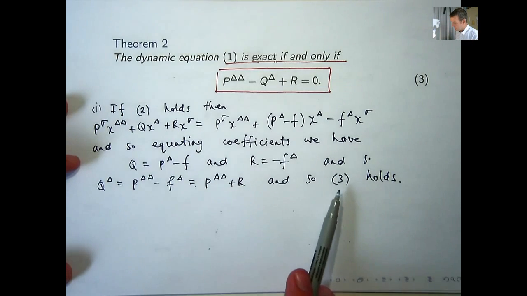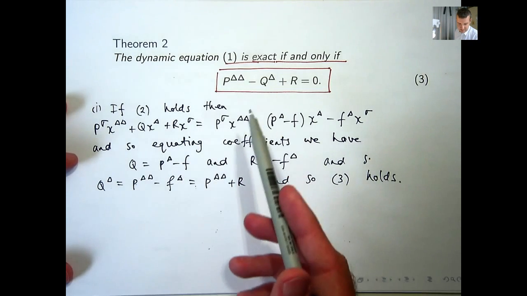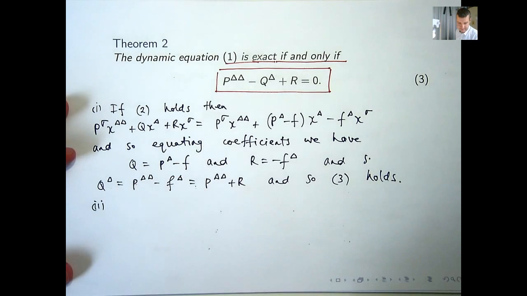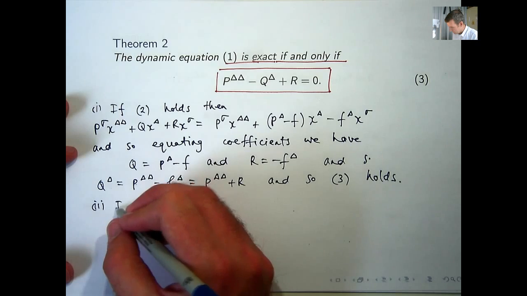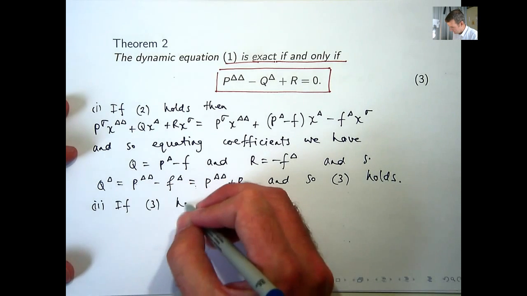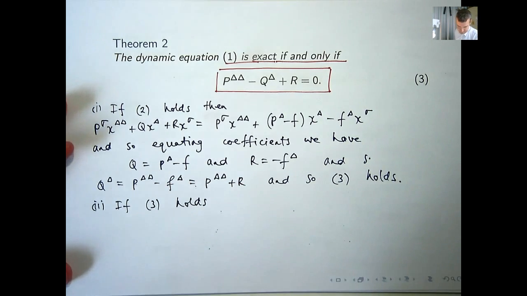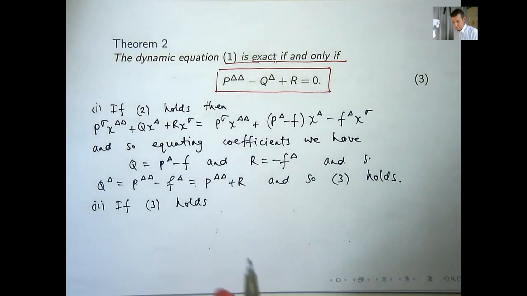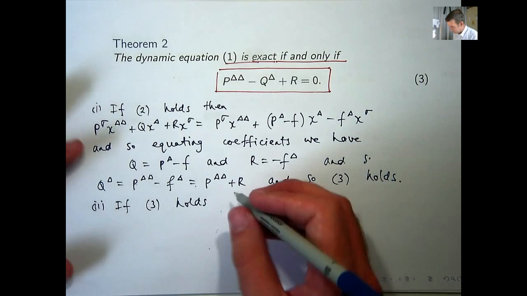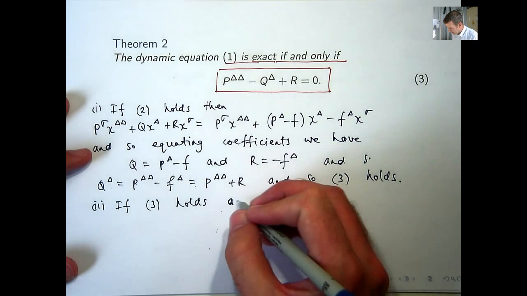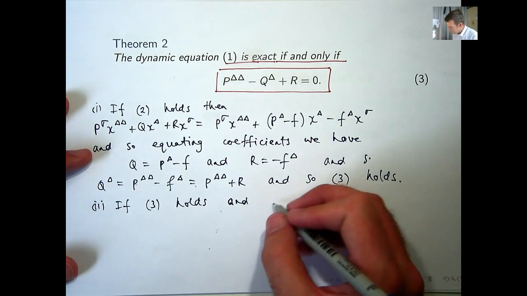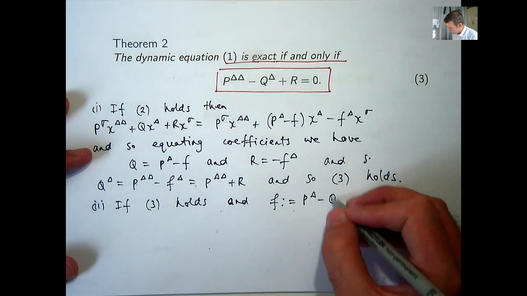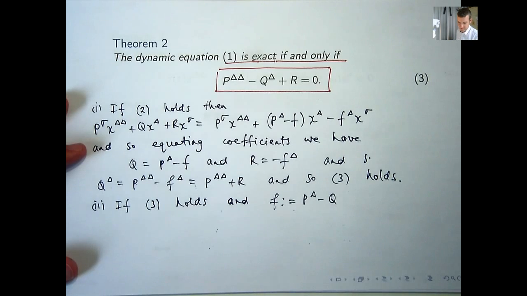So now we assume that 3 holds, and we want to get back to 2. Now, let's choose f defined by this, p delta minus q.